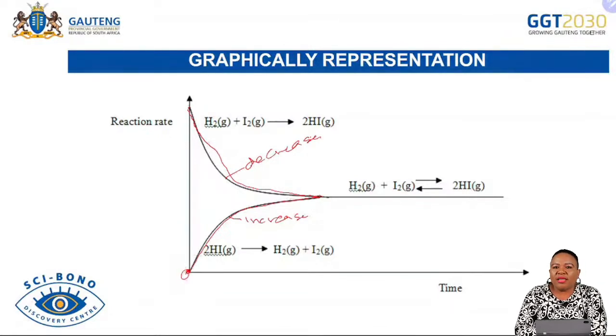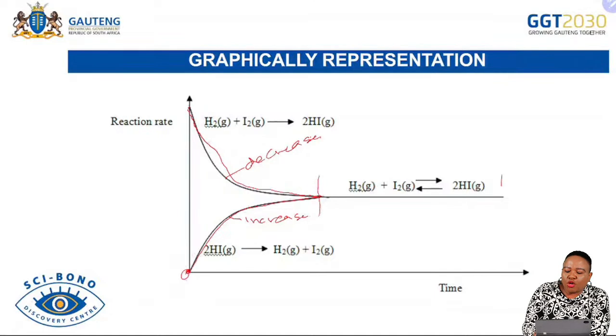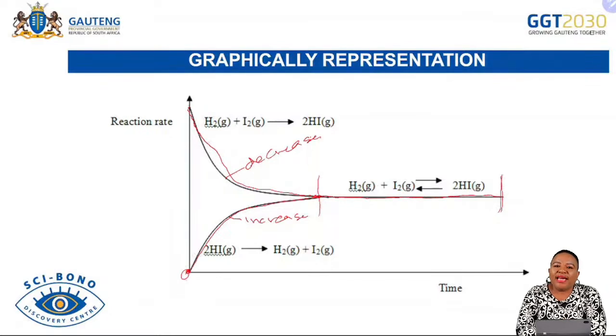That is why we normally say that initially the only thing you will find in your reaction is reactants and not product. But remember, the reaction will not stop; it will reach equilibrium. And we use this horizontal line to indicate equilibrium.